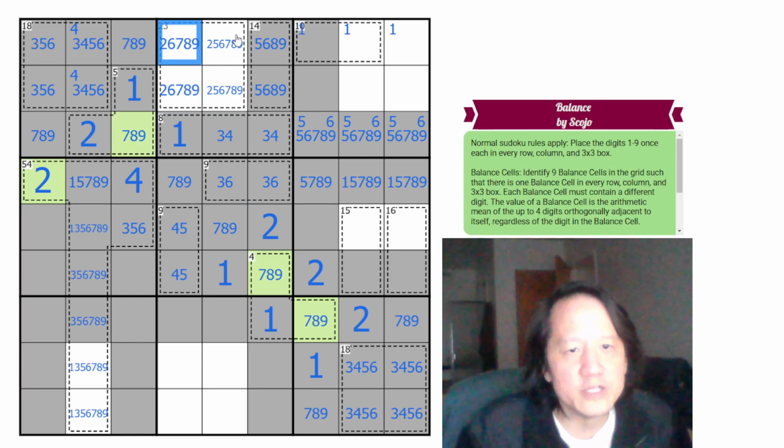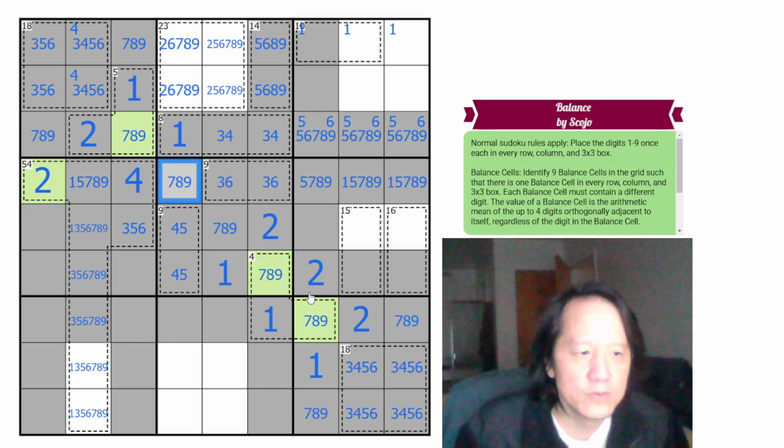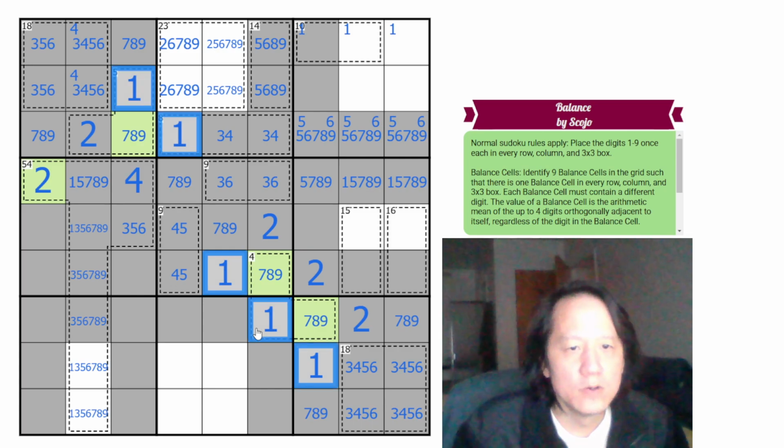Okay, 2 is not in... Oh, these 3 must have a value. Okay, where is the possibility of 1 being... Well, 1 could be anywhere.